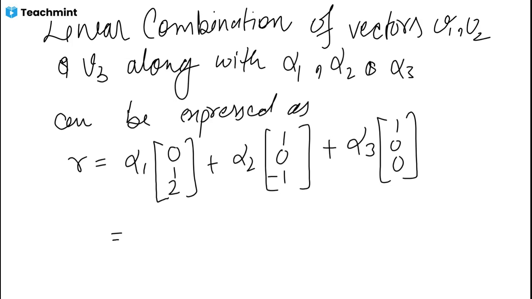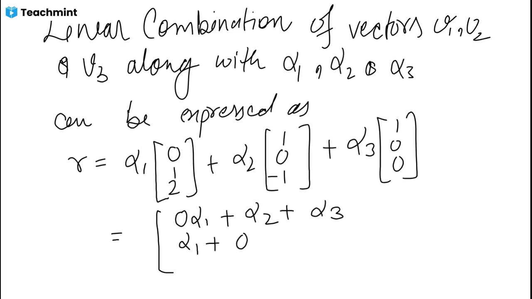We can express this as 0 into alpha 1 plus alpha 2 plus alpha 3, and next alpha 1 plus 0 alpha 2 plus 0 alpha 3.